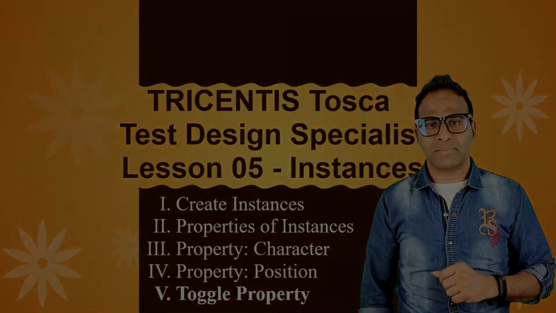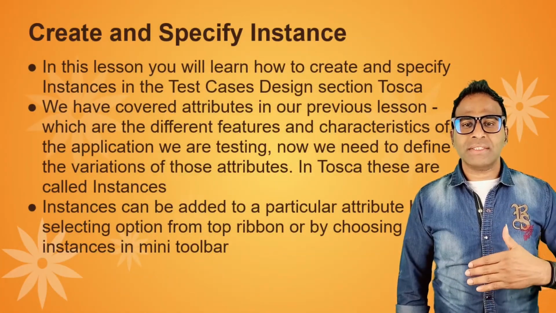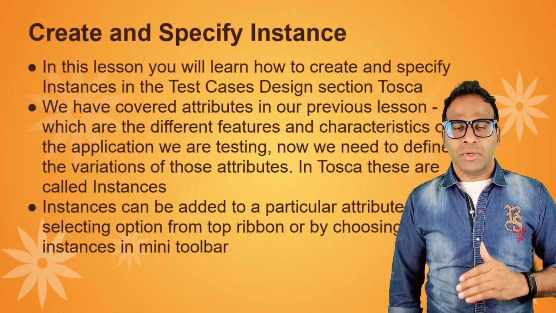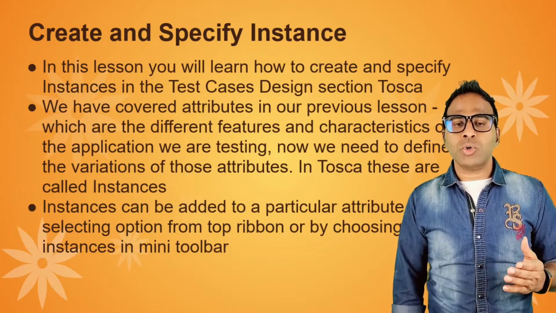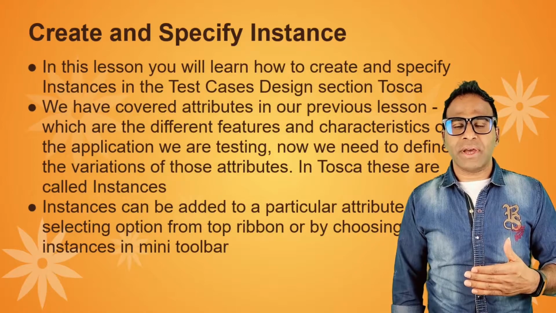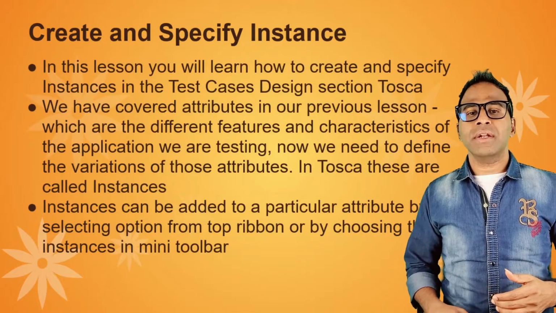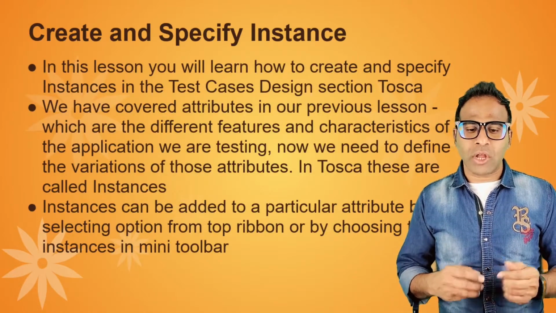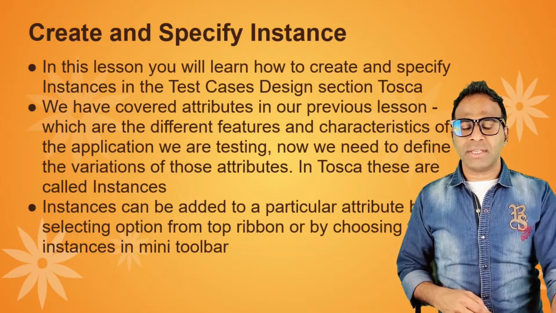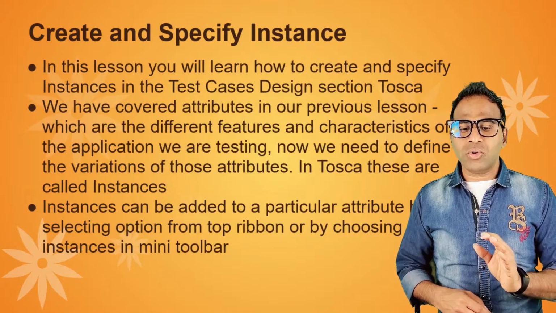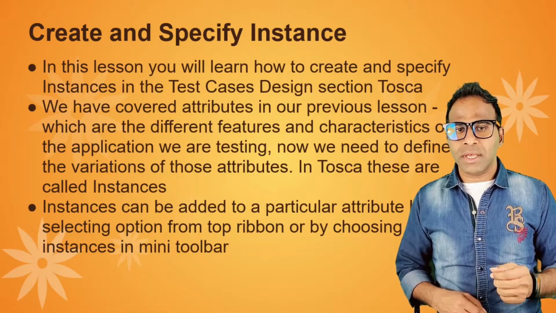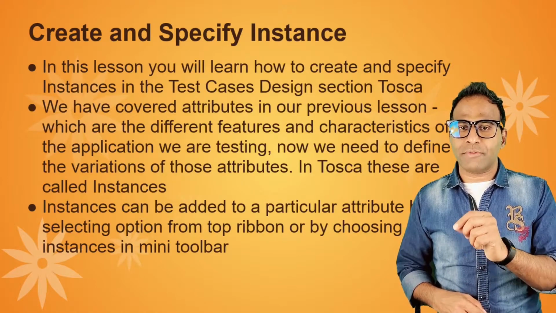Stay tuned. Okay, so what is our first agenda item? Our first agenda item is how to create and specify instances in the test design section of Tosca. In this lesson, you will learn how to create and specify instances in the test case design section of Tosca.